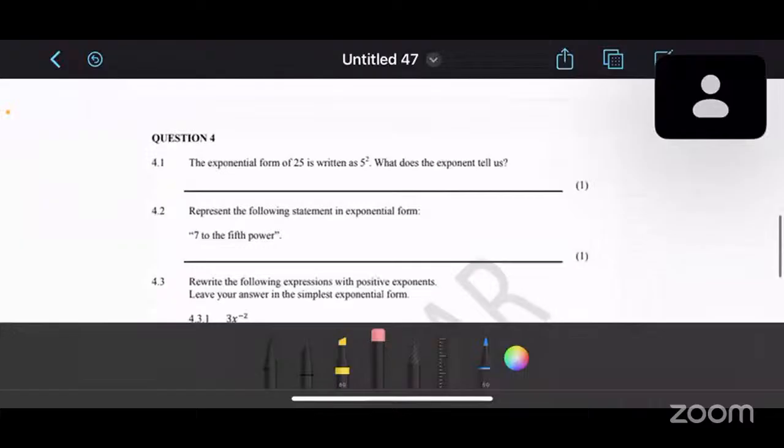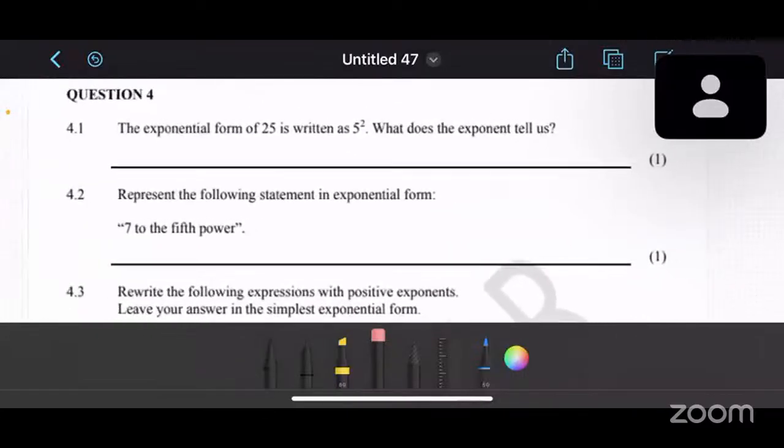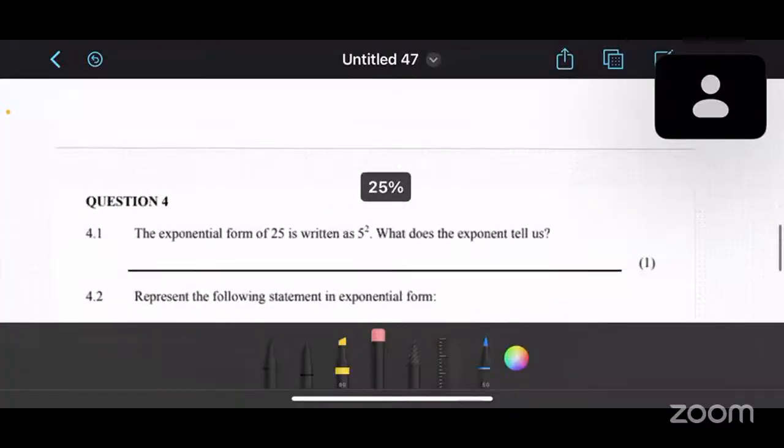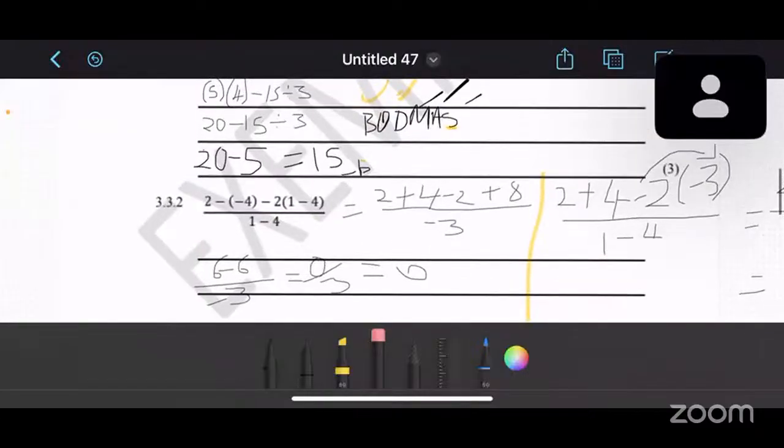Let's see. We have this question 4 over here. Do we have any question on this? Calculation without the use of a calculator. So when you're calculating without the use of a calculator, this is very important to you.